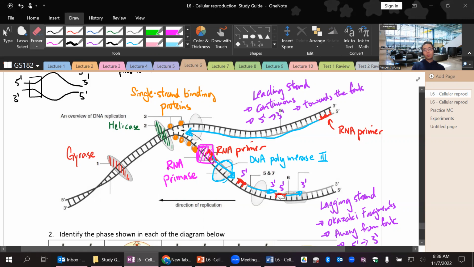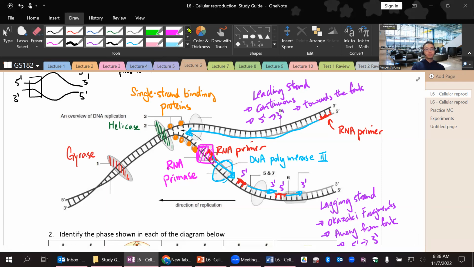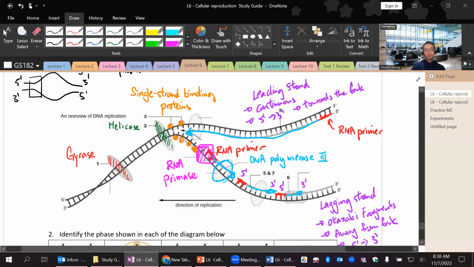So DNA polymerase 1 will remove all these RNA primers and replace them with the appropriate DNA, right? And finally, we're going to glue them together with another enzyme, and that is shown here by this thing. That is the DNA ligase. It joins all the fragments together.